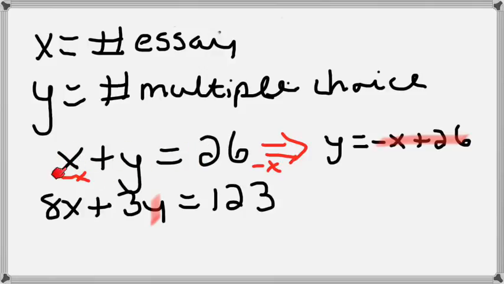To do that, all I have to do is subtract an x on this side, the left side, and subtract an x on this side, the right side. When I do that, I'm going to get y equals either 26 minus x or negative x plus 26. So this equation, x plus y equals 26, is the exact same as y equals negative x plus 26.